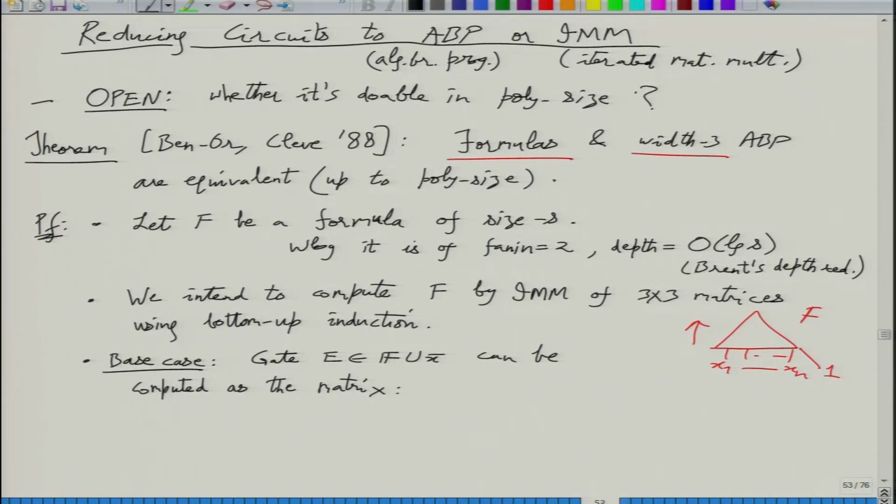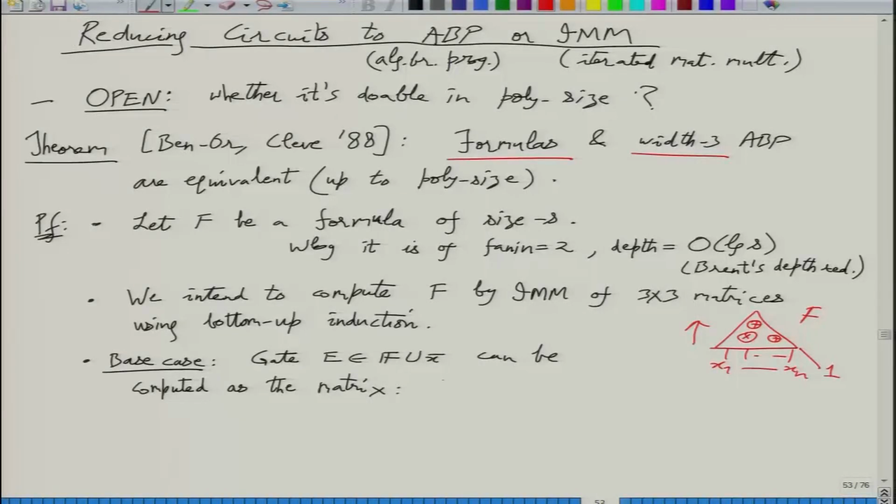It is not just the base case, but the whole representation that we want to fix. In the formula there are these addition and multiplication gates, and we'll start with the lowest gate and slowly move upwards, covering the gates in a layer and then moving upwards.